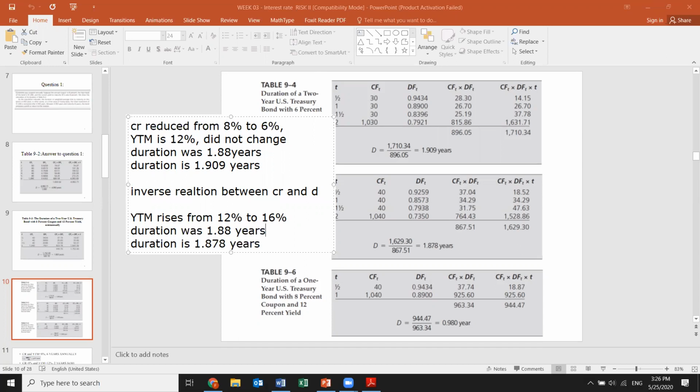So what we can conclude here, I'm not moving to this example because it's not related to the second, the third, and the fourth question. So here, I can conclude that the higher the yield to maturity on the bond, okay? Once the yield to maturity increases, the more the investors earn on reinvested coupons, and the shorter the time needed to recover the initial investment.